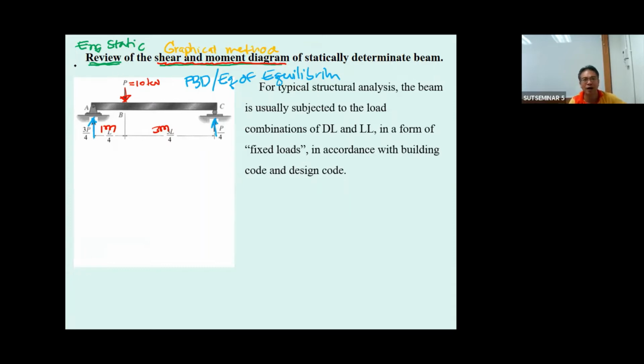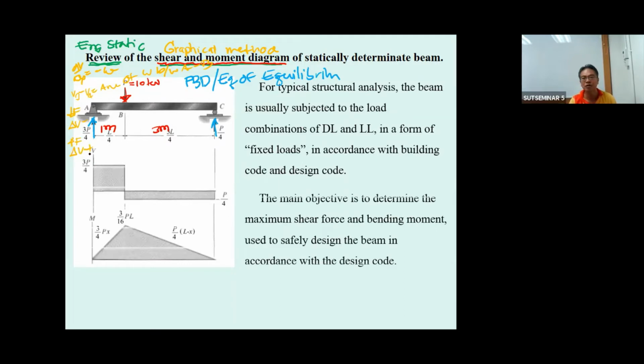And then when you draw the shear and moment diagram, you can use the graphical method. You have dV/dx equal to minus w. You have V sub B minus V sub A equal to the area of w between A to B. If the force is downward, delta V is negative. If the force is upward, delta V is positive. So by using that, you draw this shear diagram. And there is another set of equations.